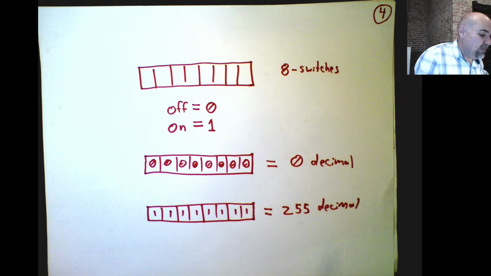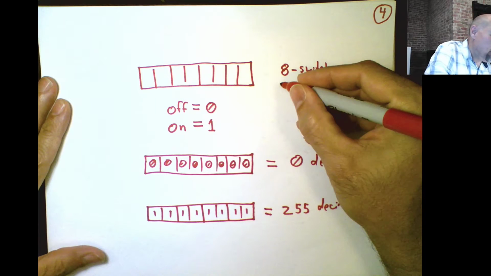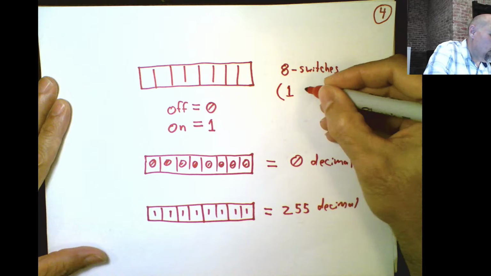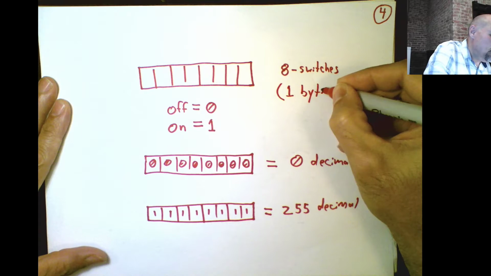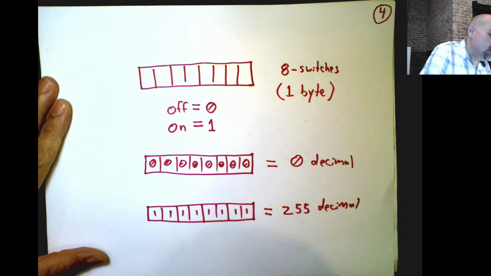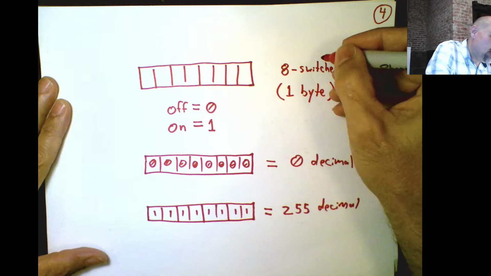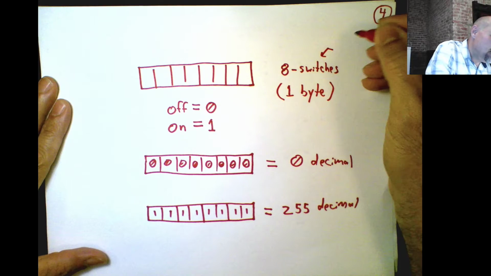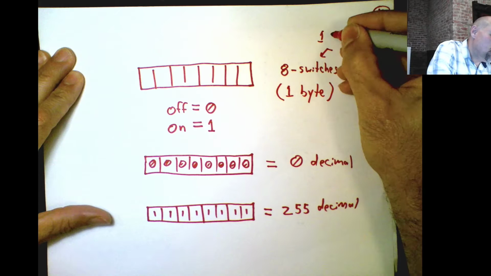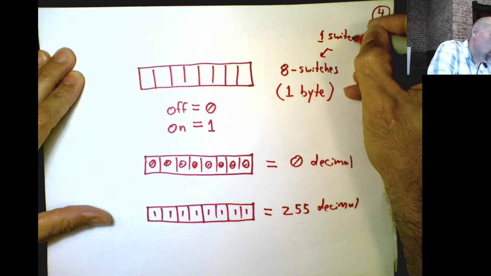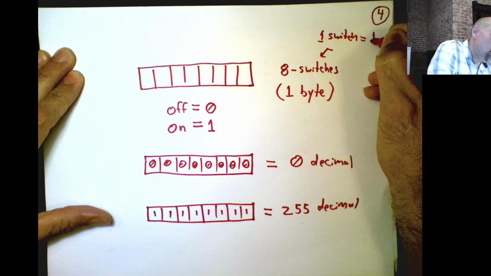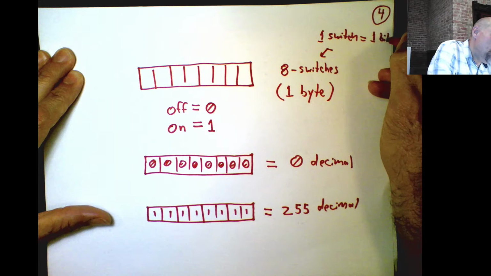And actually, before we get away from this, 8 switches together is what we would call 1 byte. And each switch, there's another name for each of those switches. One switch equals 1 bit.